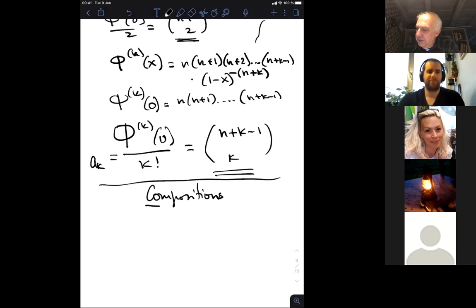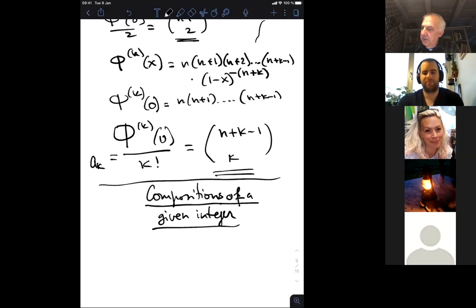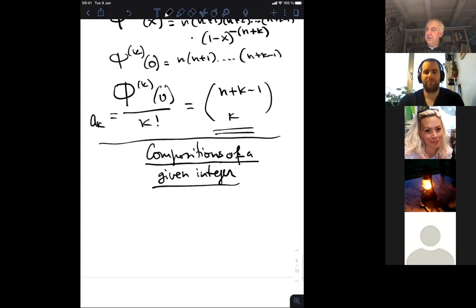Today we'll be discussing compositions and partitions of a given integer. These things are closely related. One is the ordered analog of the other, and there are very nice generating series for both of them.